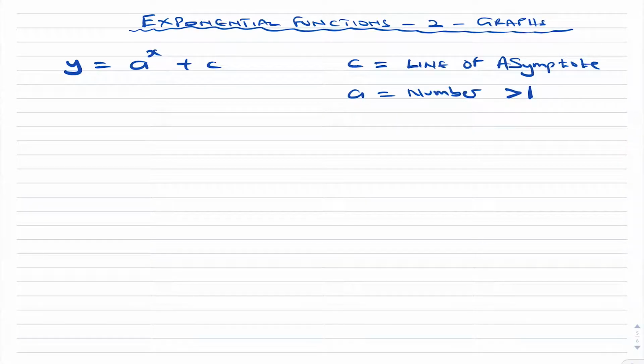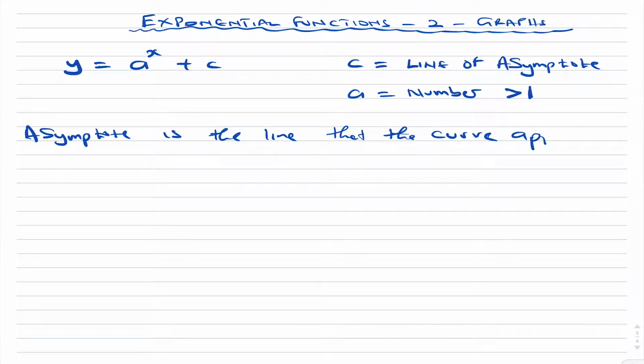So let's try a typical example. First of all, an asymptote is the line that the curve approaches but never touches.